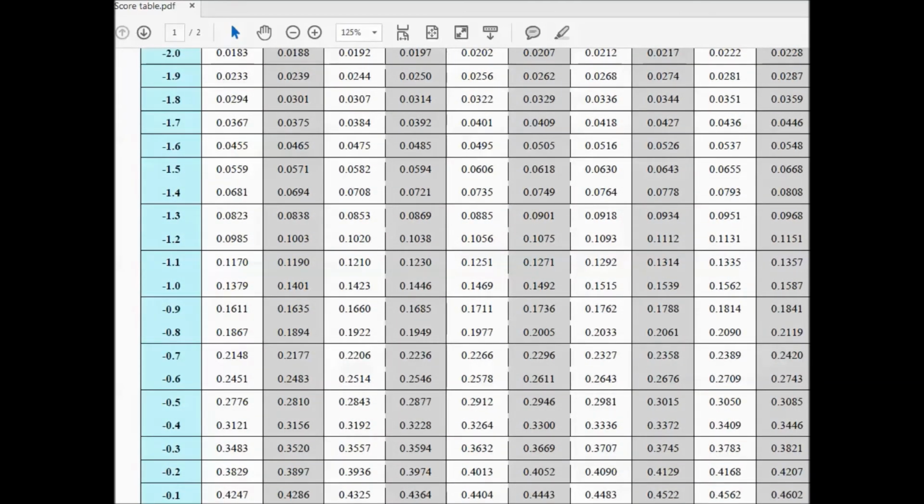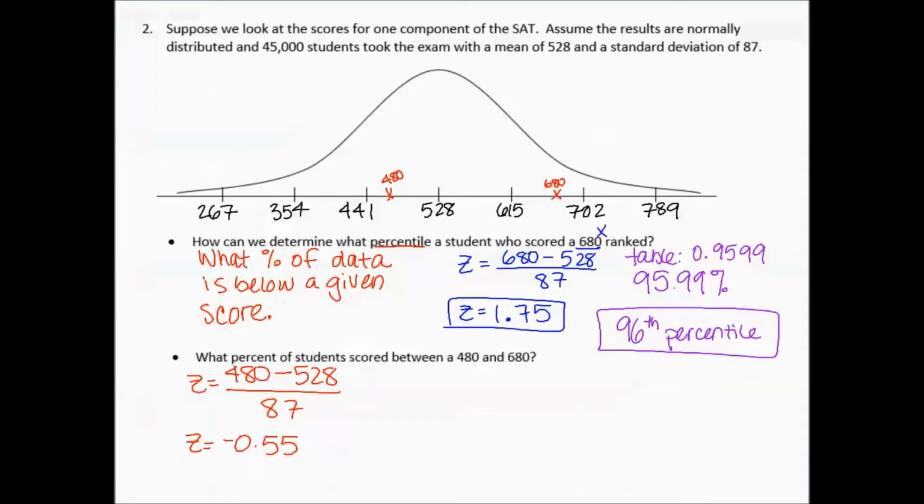So our table value is 0.2912. When we want to find the percentage between two values, you want to take the numbers from the table and subtract them.